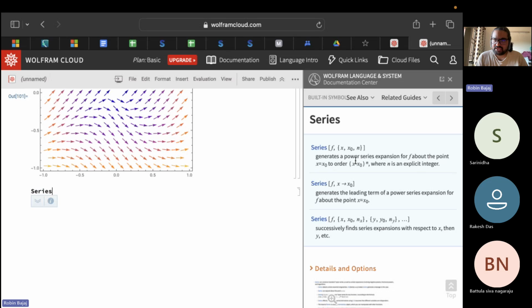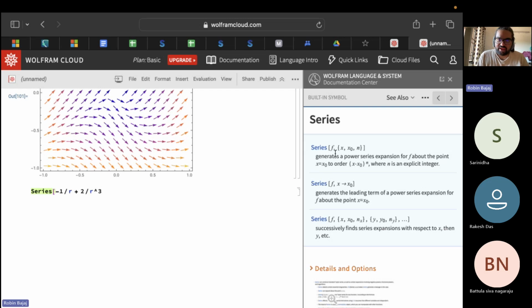If you see, for any function, you find a power series expansion about the point x naught, where n is an explicit integer. So to whatever order you want, you have to put that number as n. Let's put exactly this. Our u was minus 1 by r plus 2 by r cubed.